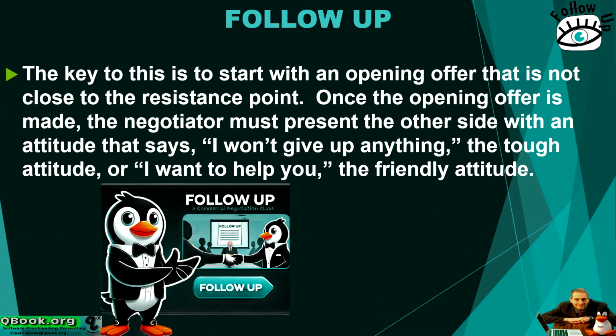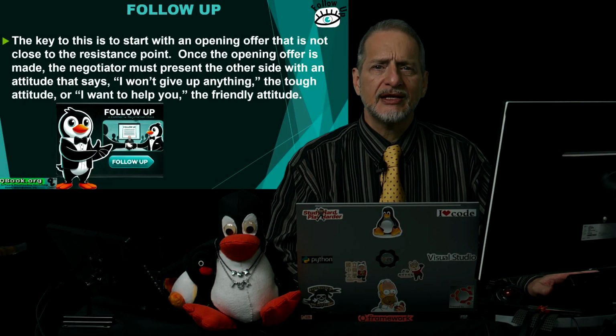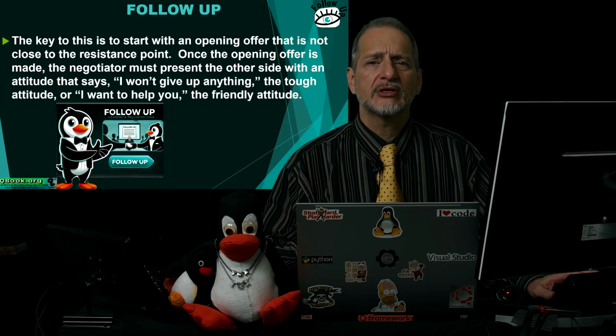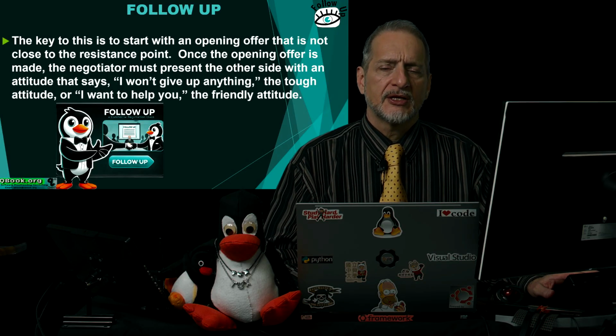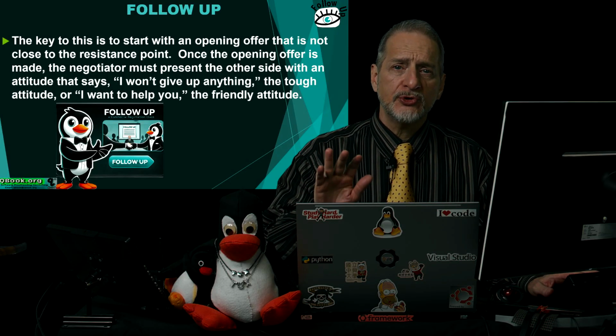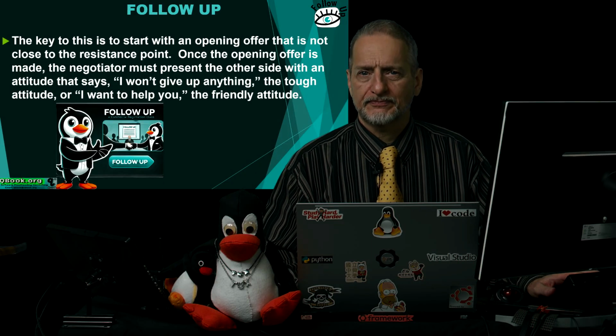The key is to start with an opening offer that is not close to your resistance point. What's your target price? What's your resistance? You want to be away from your resistance. You also want to be a little bit away from your target. The other side will push you over your target.